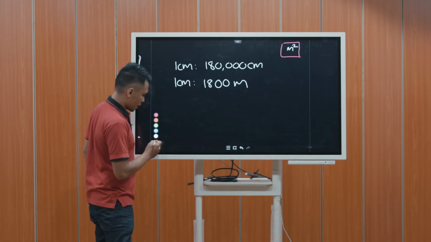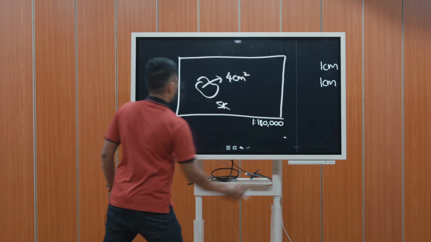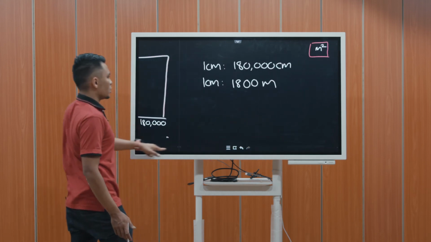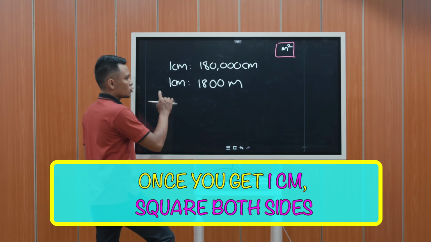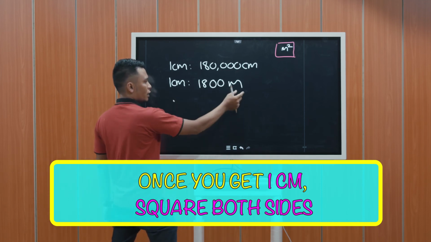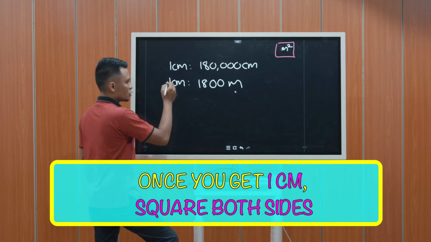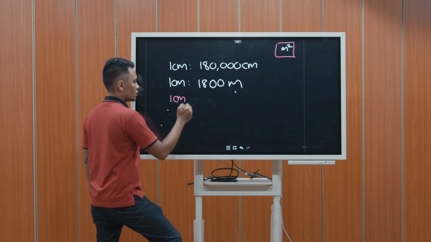Okay. So here's the thing that you need to do. This is the important part. When they want it in square, always square it when you have 1 centimeter. Okay. So you square both sides. Once you get the supposed unit that you want, you square both sides. One square will be 1 centimeter square.